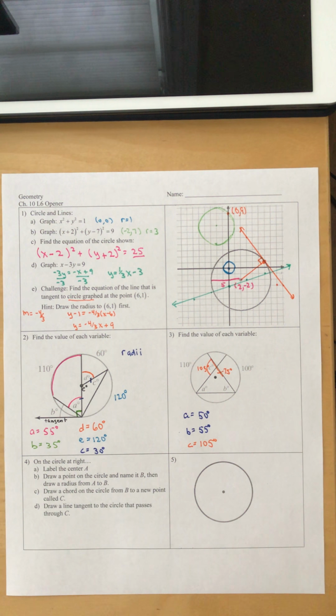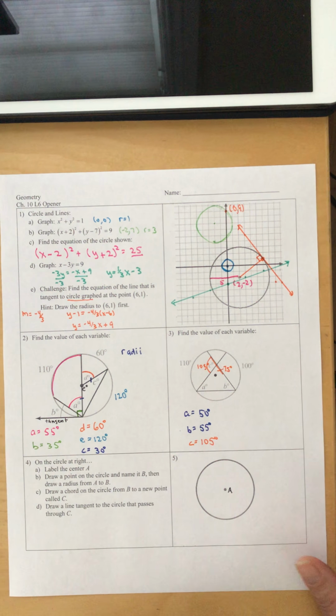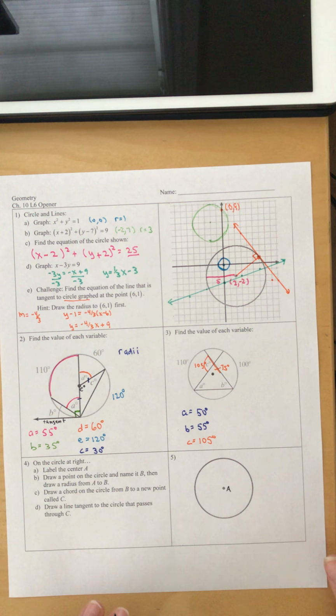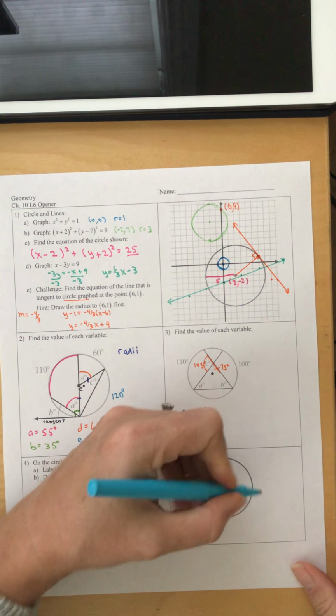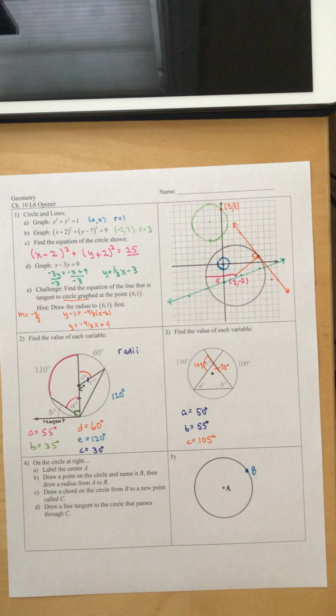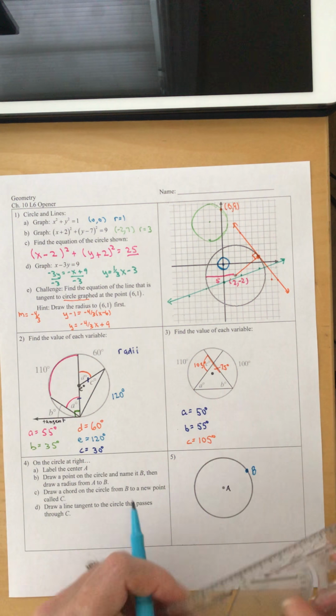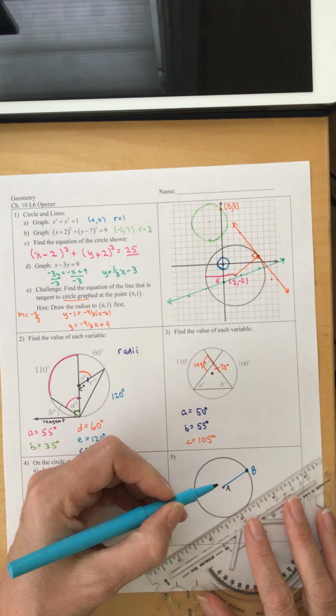All right, moving on. This is just practicing the vocabulary, and I'm not sure why I stopped at D, so we're going to add a couple more things on there as we go. But it says to label the center of the circle A, and then draw a point on the circle and name it B. And then draw a radius from A to B. This is a radius.